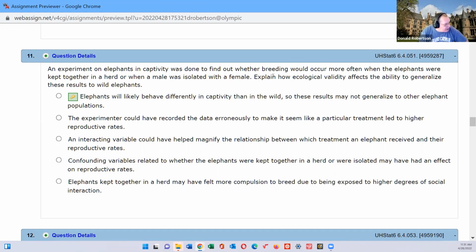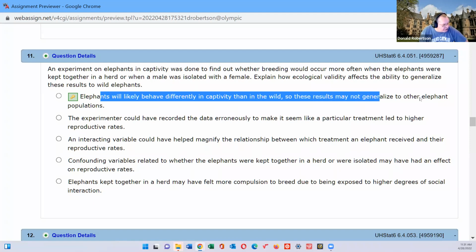And then they explain how ecological validity establishes that elephants will behave differently in captivity than they do in the wild. Right, they just do. So it might work in a zoo, but that's not reality for an elephant out in the wild.